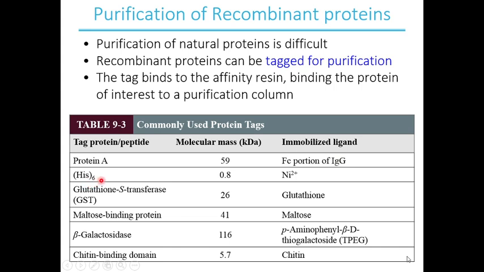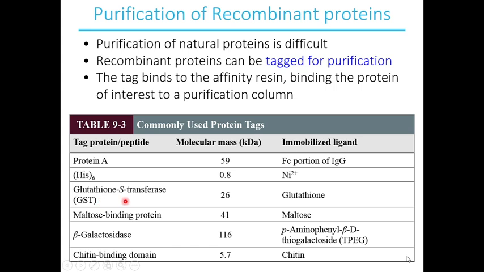When polyhistidine is used, nickel beads are used as the immobilized ligand in a column for purification. One of the reasons is because histidine has a very high affinity towards nickel, and it forms coordinate bonds with nickel and can get stuck in the column, thereby also tagging along the protein that it is attached to.